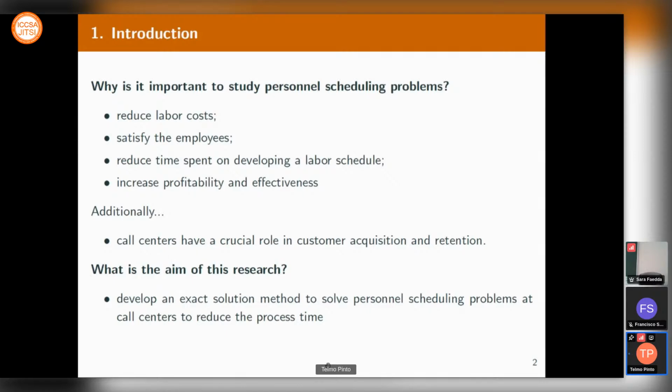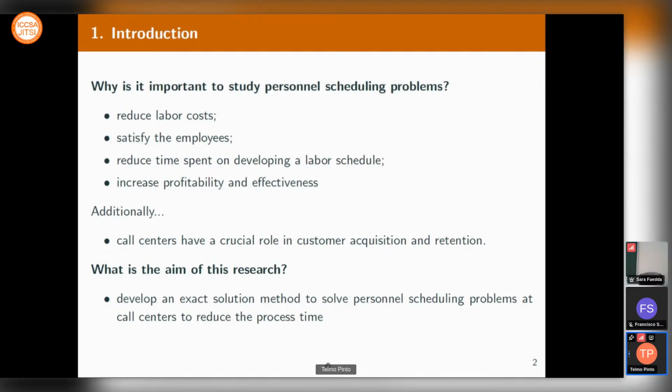And thirdly, it helps to reduce the time spent in developing a schedule like this, automating this process and using some optimization techniques. It is important to know that effective personnel scheduling can significantly increase profitability and overall operational effectiveness.